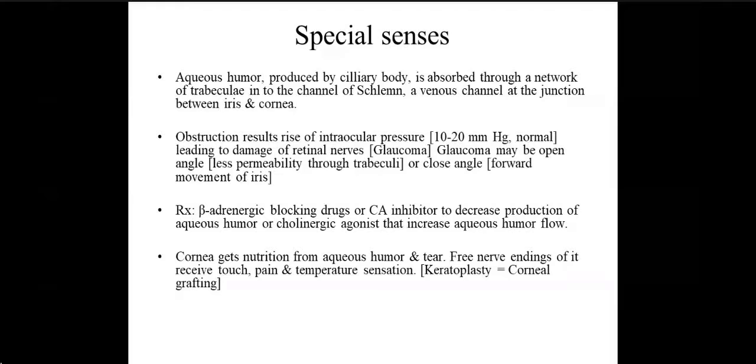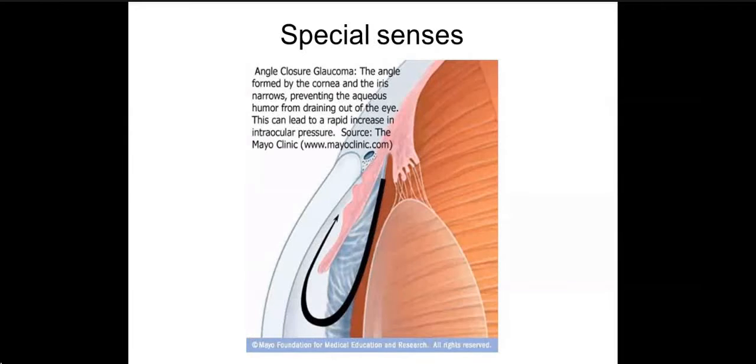As we already said, aqueous humor is produced by the ciliary body. It is absorbed through a network of trabeculae into the canal of Schlemm. It is a venous channel at the junction of iris and cornea. So here is the lens, here is the cornea, here is the iris, and from the ciliary body the aqueous humor is formed.